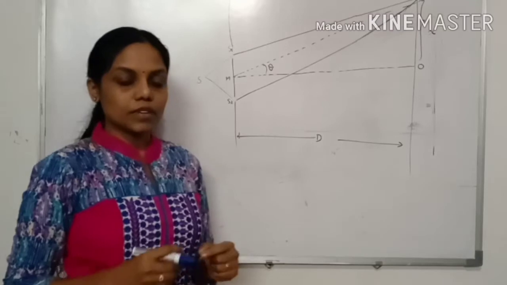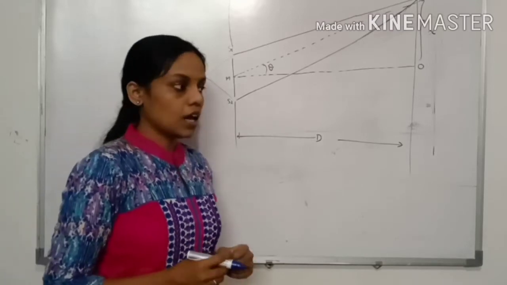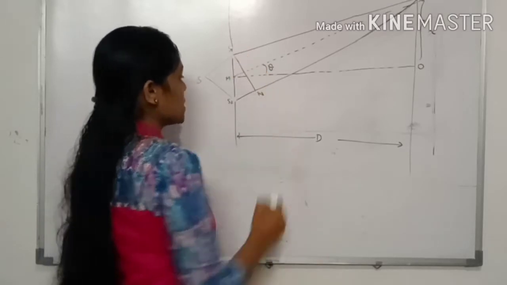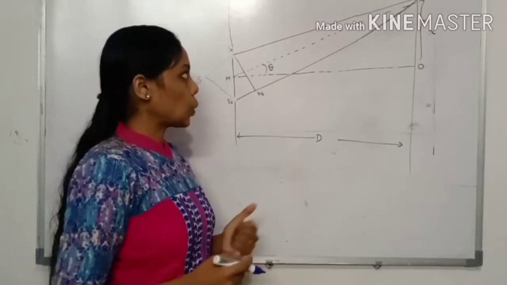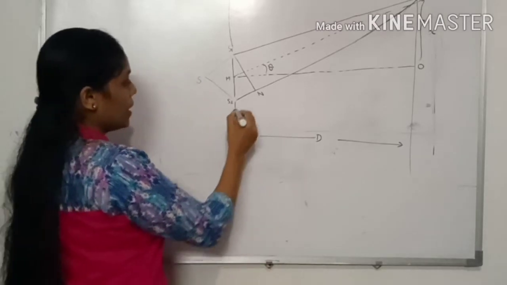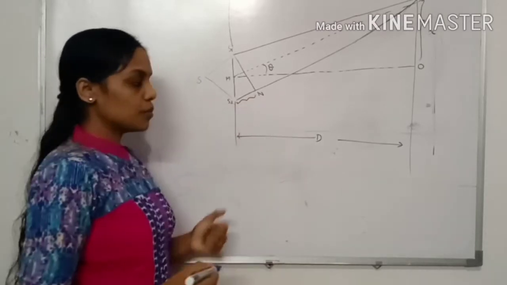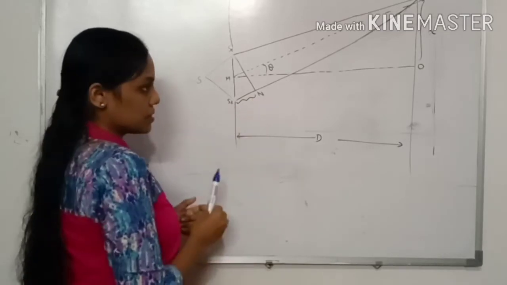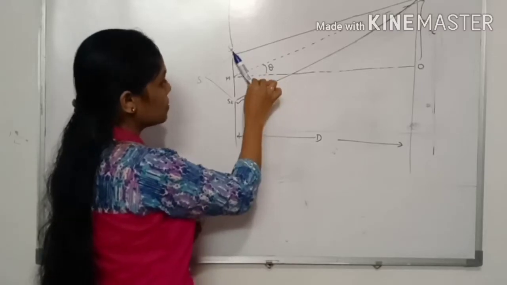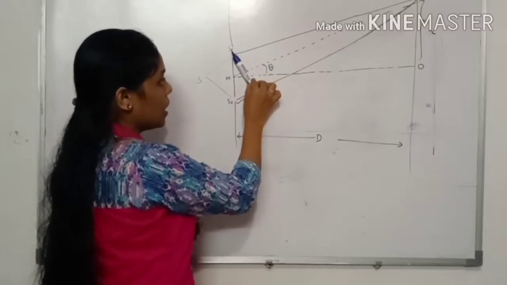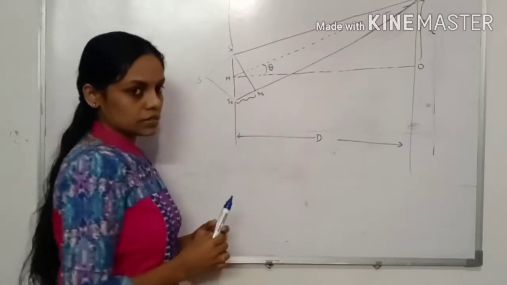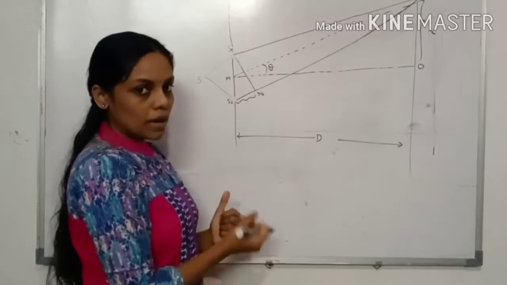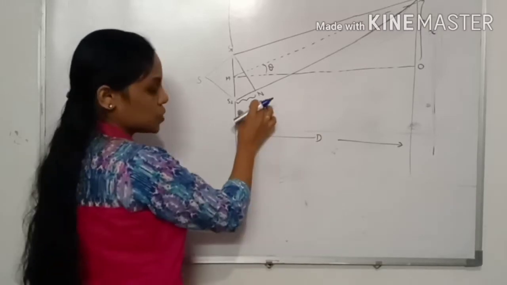For that I am drawing a normal from S1 to S2P. Let S1N be the normal, and from this figure we can say that S2N is the path difference, since after the normal you have the same path, that is, S1P is equal to NP. So the path difference between the two waves is S2N.